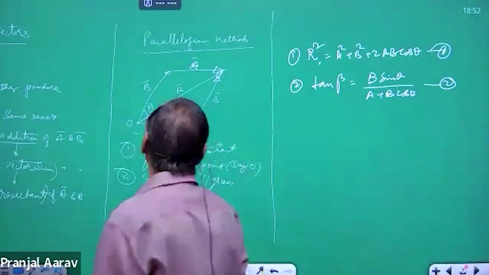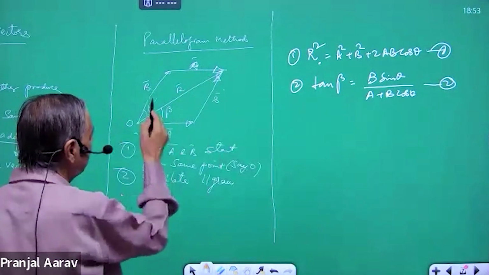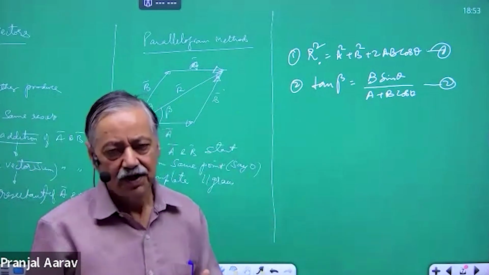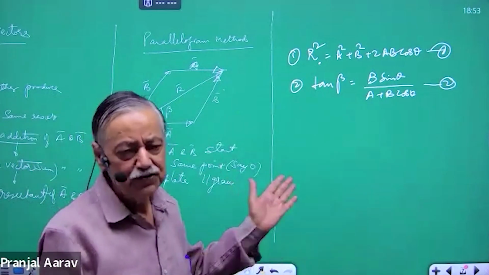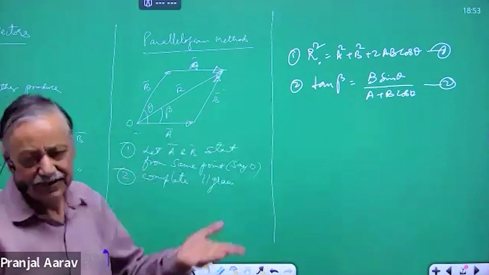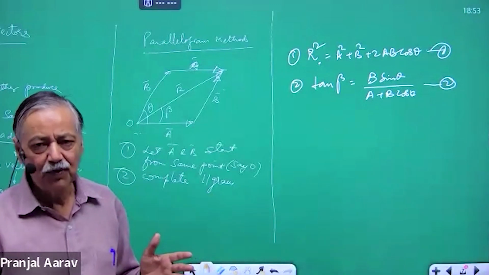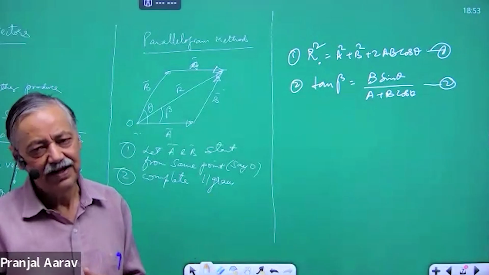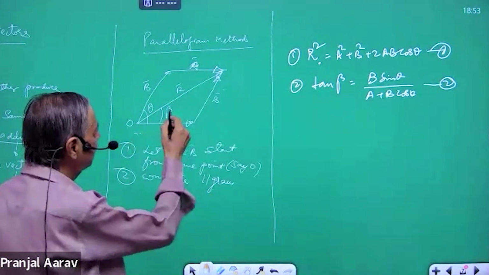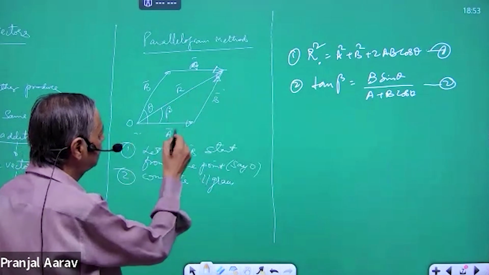You see, this R is a third vector. This vector and this vector you have added. I will give you the conditions of vector addition. Right now, I am telling you what is magnitude of R. You know the magnitude of A and magnitude of B, that is given. So you want to know what is the magnitude of R, and also what is the direction of R. R is making angle beta with respect to vector A.